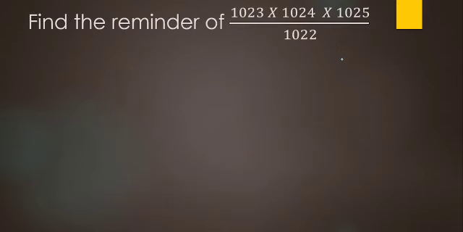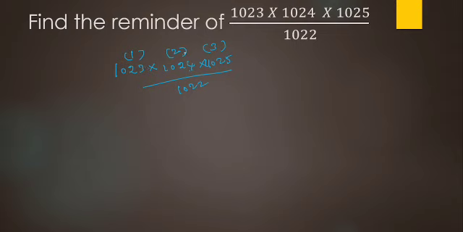Now find the remainder of 1023 into 1024 into 1025 by 1022. This is 1 more than 1022, this is 2 more than 1022 and this is 3 more than 1022.